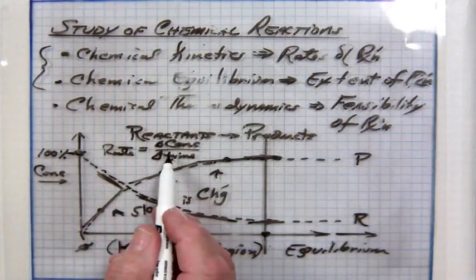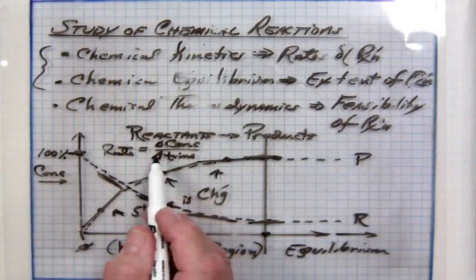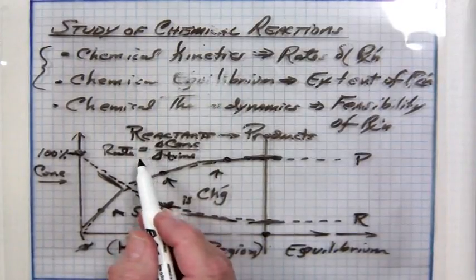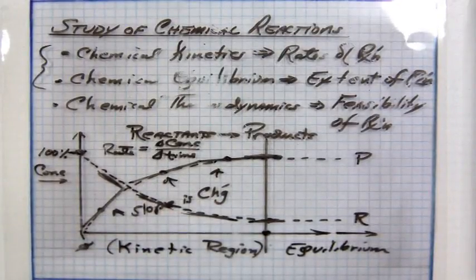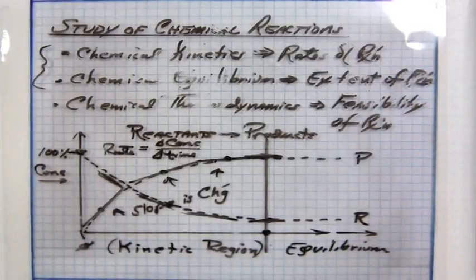If you can read that, law of mass action. It says that we have reached a condition whereby in this chemical reaction, the reactants are producing products at a rate equal to products producing reactants.